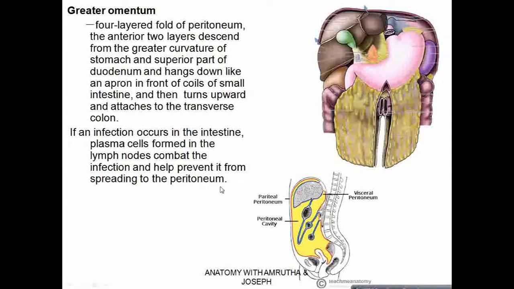I said that the greater omentum has four layers. Now this part is the greater omentum, now look at the layers. How many are there? 1, 2, 3 and 4. There are 4 layers, I repeat, 1, 2, 3 and 4 layers from anterior to posterior.